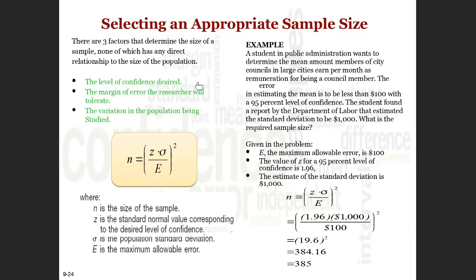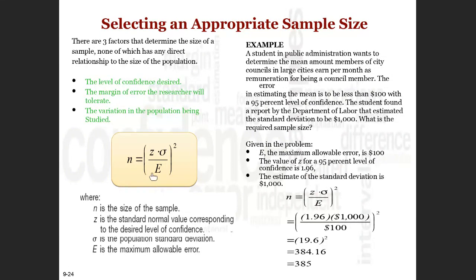If it's something that's been done 1,000 times before, or many times before, you may want to have 99%, because you're basically replicating a study, but you may be looking for some factor that hasn't been discussed previously. The margin of error the researcher will tolerate: you don't want to go close to 10%, you want to be closer to 5%. And the variation in the population being studied.